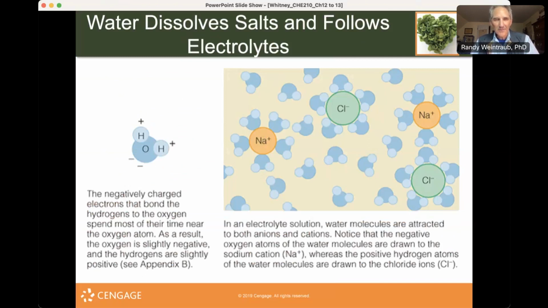Around the hydrogens is positive, and around the oxygen is negative, and that's to do with their ability to attract electrons. Oxygen is much stronger in its electron capturing ability, or electronegativity, as compared to the hydrogens.